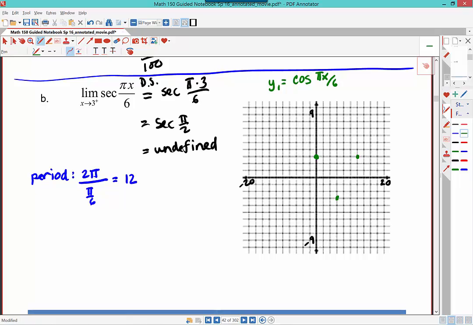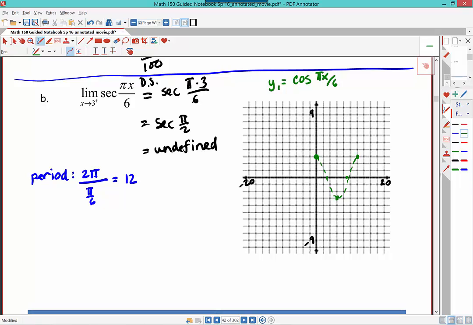And then the zeros will be in between there, right? Which would be when x is 3 and when x is 9. So that would be here and here. So that's our dashed in graph for our cosine.